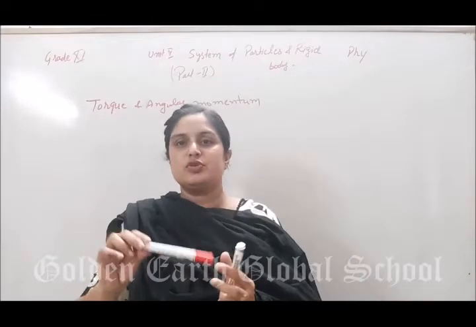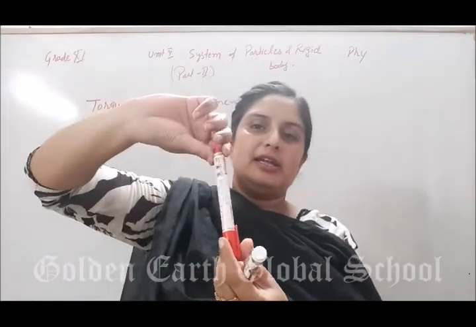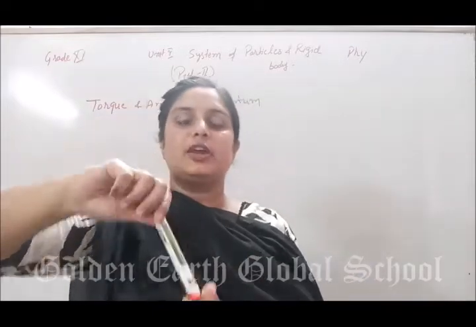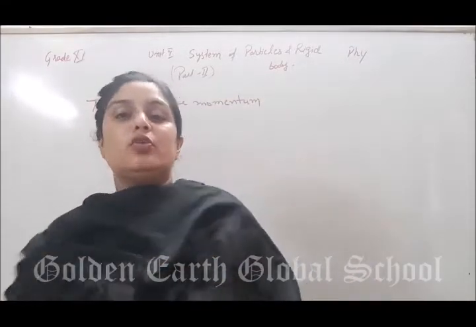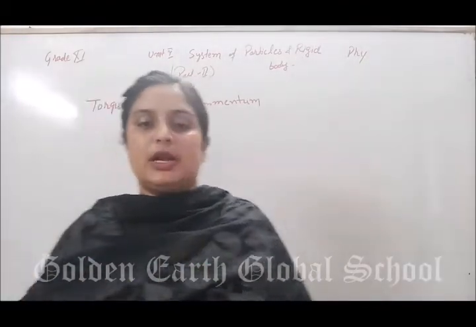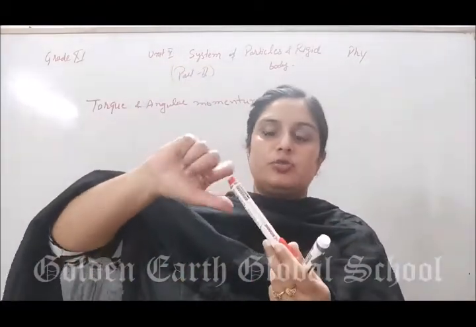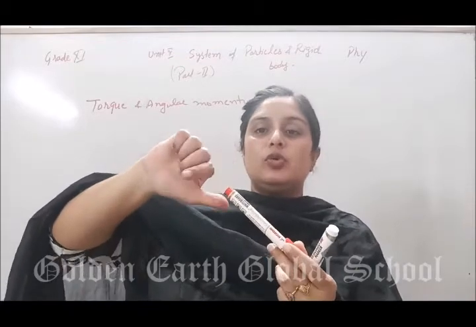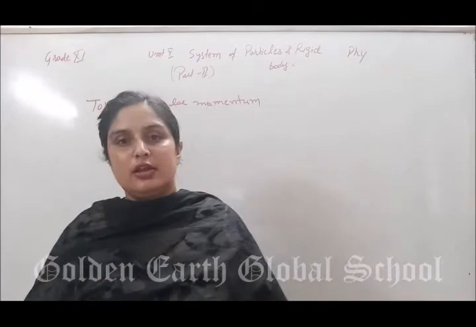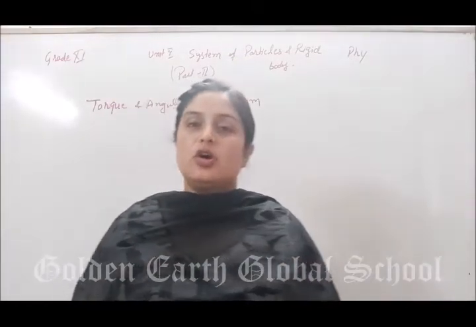And when this situation arises, the object starts to rotate. The object is going to rotate when equal and opposite forces are acting on the two ends of the body, but their line of action is different. Now what is the torque?